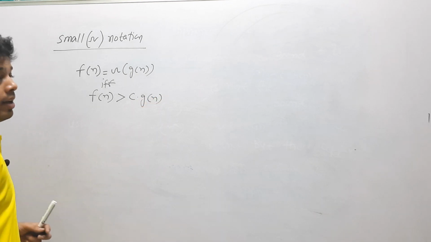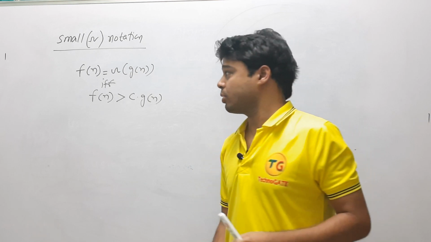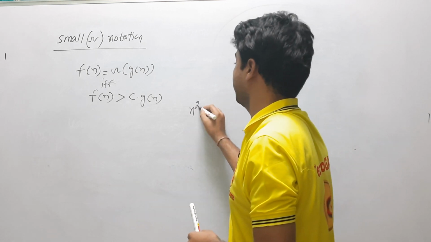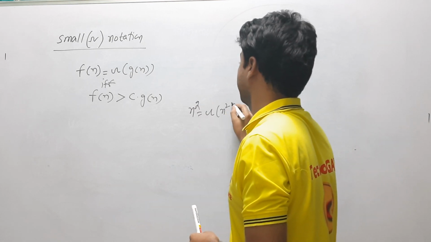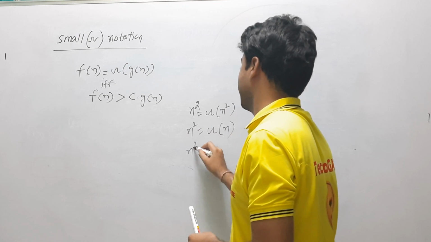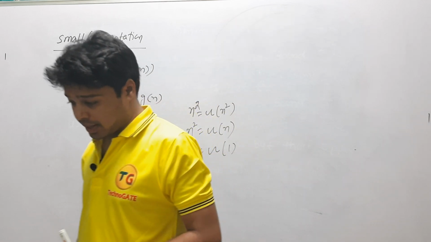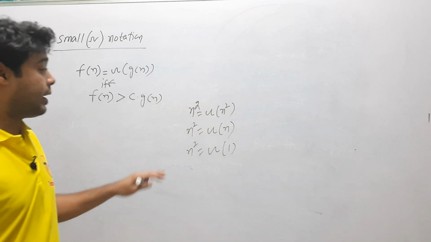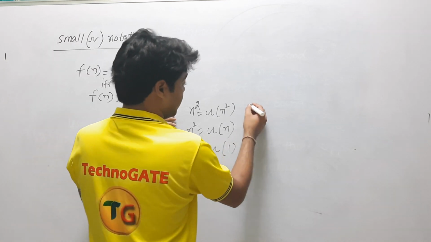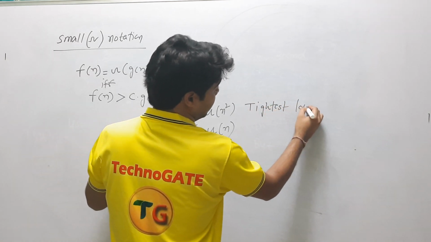Here again the equal to part does not exist. So suppose n square is omega of n square. Is that the tightest lower bound? This one is a tightest lower bound.